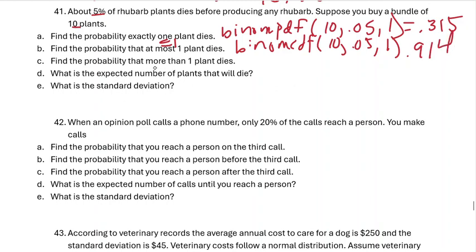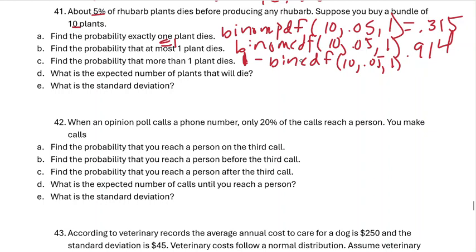Find the probability that more than one plant dies. More than one is 1 minus binomial CDF. The hard part is to figure out what goes there. We know it's 10. We know our probability is 0.05. More than one means 2, 3, 4, 5, 6, 7, 8, 9, 10. So we're not interested in 1 or 0.